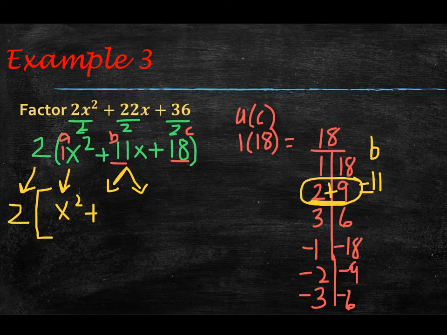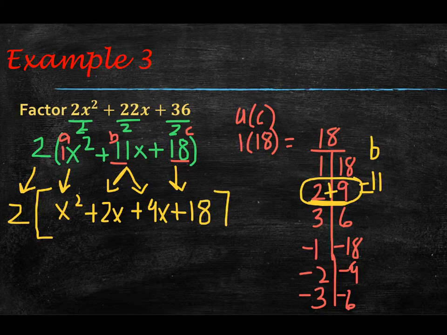So we're going to have a plus 2x, then we're going to have a plus 9x, and then we're going to bring down the plus 18. And I'm going to close my brackets.